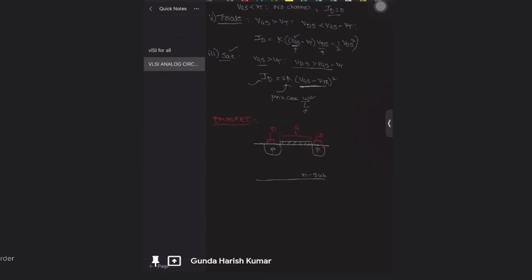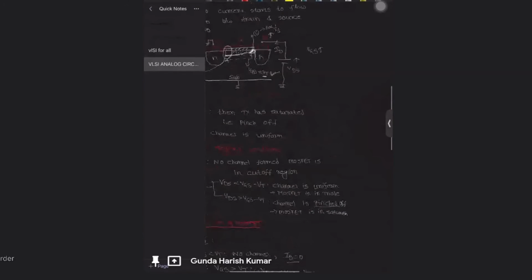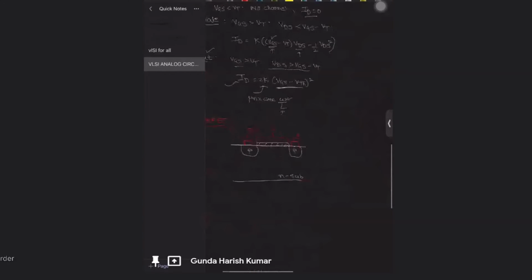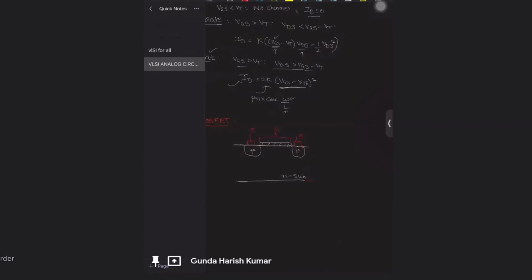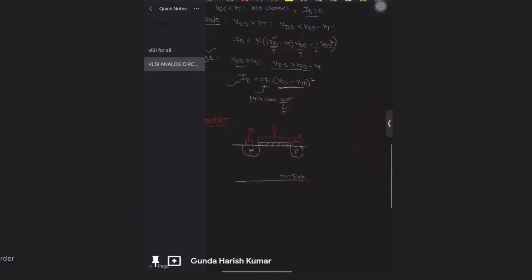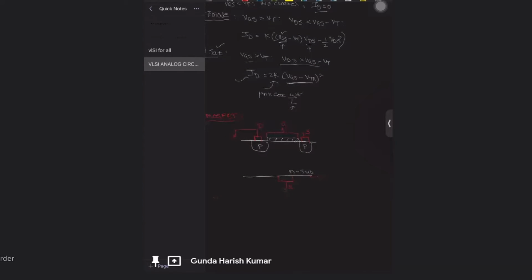Source, drain, gate. In this, current flows from source to drain. In the NMOS, current flows from drain to source. Here generally the drain is assumed grounded, and the substrate body also grounded.